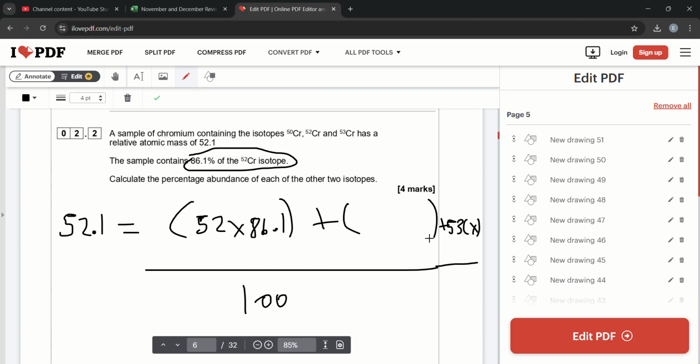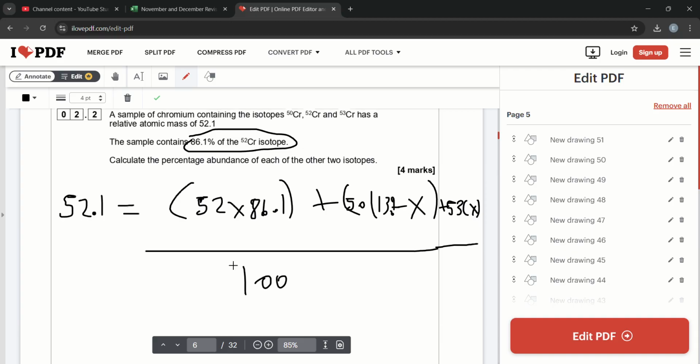And therefore, if this is 53 times by x, the 50 one is going to have to be something minus x. Well, if you think about it, 100 minus 86.1 is 13.9. So it's going to be 13.9 minus x.